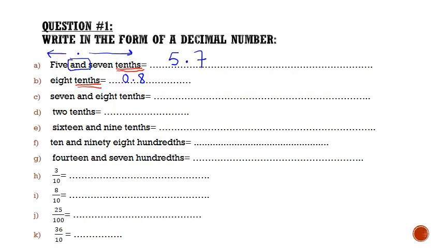Okay. Zahra, can you help us with the third one? How do I write this number? 7.8. Excellent, because the whole part is 7 and the decimal part is 8 and it's in the tenths place. Okay? The fourth one. Ismail, can you help us? 2/10.